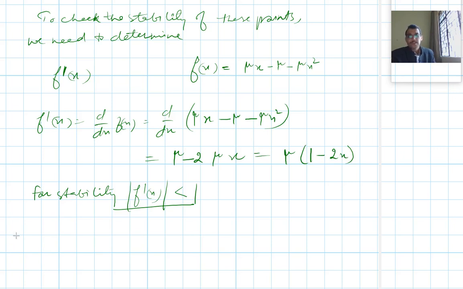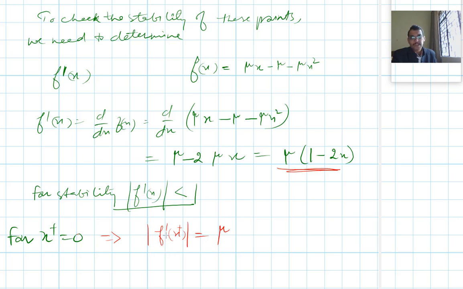So now for x dagger equal to 0, if we choose this value, and if we put this value in this equation, then what will happen? The mod of f prime x dagger, because x is 0, if we put x dagger equal to 0 here in place of x, then it will be equal to mu, right?